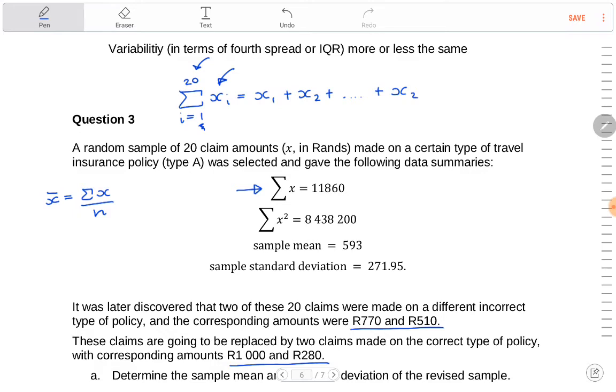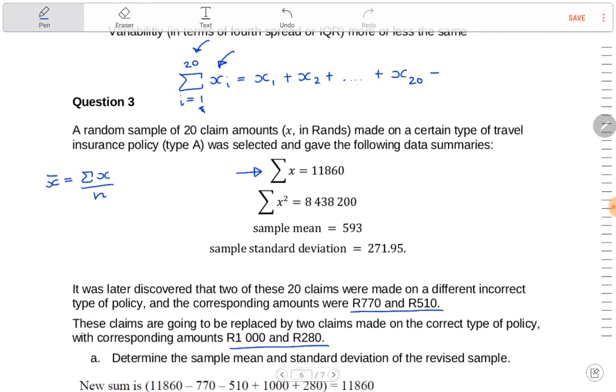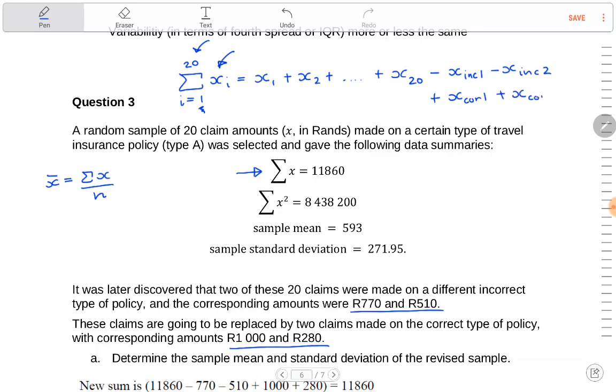So now if we have the sum of x and we know we've included 2 incorrect values, then what we want to do is subtract those 2 incorrect values. Oh, sorry, this is 20, right? So we subtract x incorrect 1 and x incorrect 2, and then we want to add back x correct 1 and x correct 2.